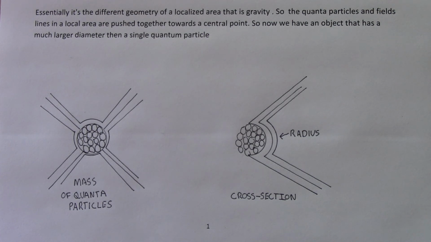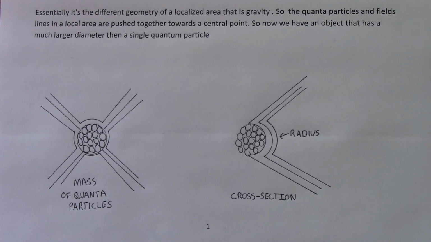So that process is when the field is universally pushed together in a localized area towards a central point. So a number of quantum particles are pushed together to form a central mass, and the field lines are pushed onto that mass. So now the field lines encapsulate the mass of quantum particles, and now we have an object that has a much bigger diameter than a single quantum particle.